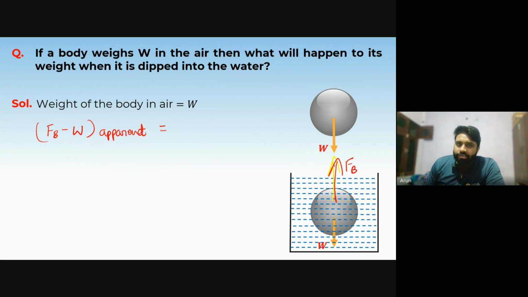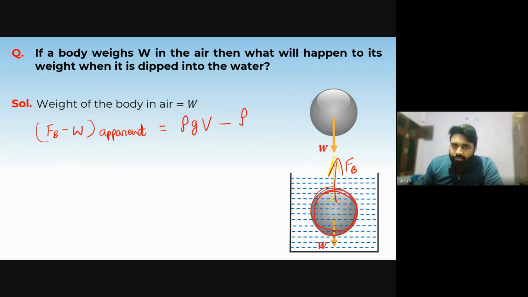Now the force of buoyancy: we know that it is the density of the liquid, times gravity, times the volume that is inside the liquid. In this case the complete volume is immersed in the liquid, so we will take it as V, minus the weight of the liquid.